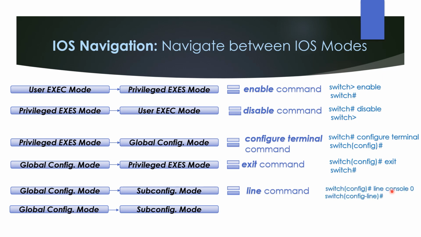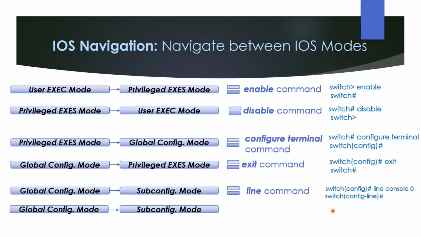So here will be listed the commands, and you will see how the prompt will change. The prompt will show the switch name and the level of your configuration, so it means that now you are in the sub-configuration mode, and actually you are configuring a line.